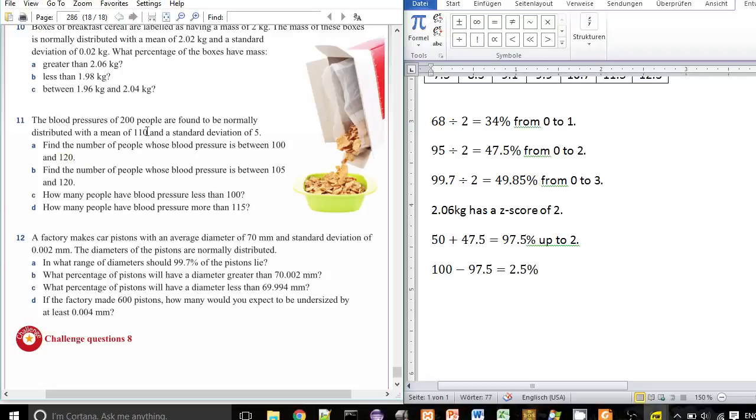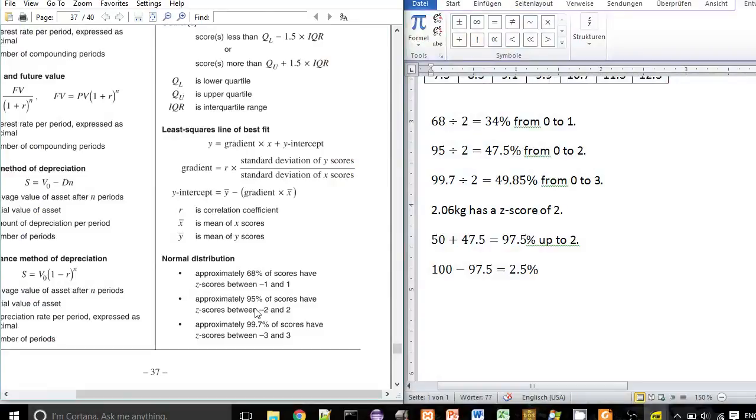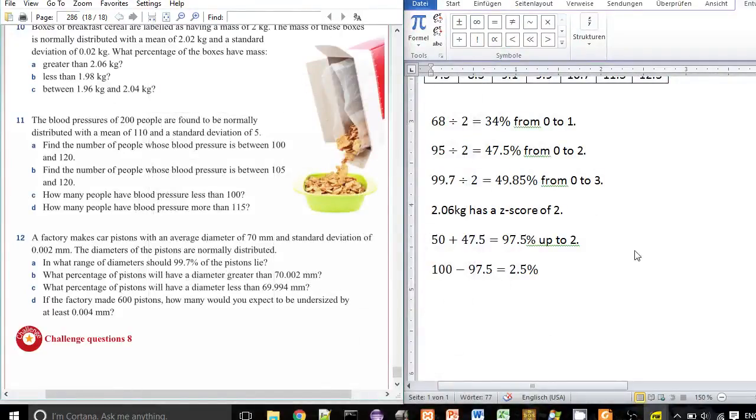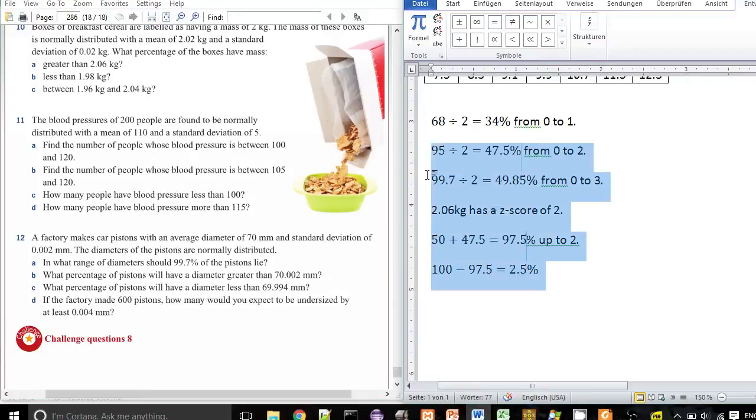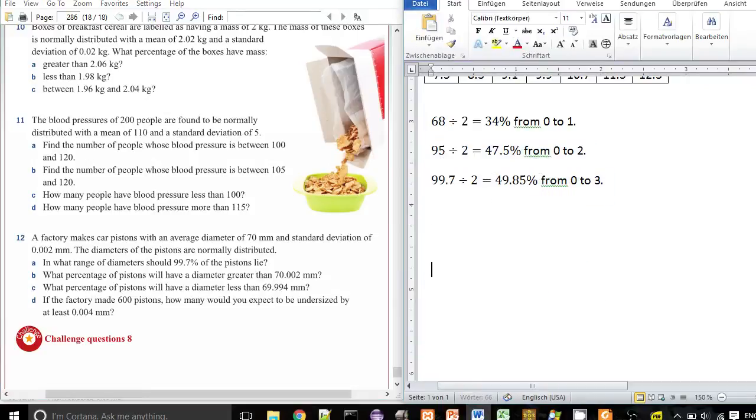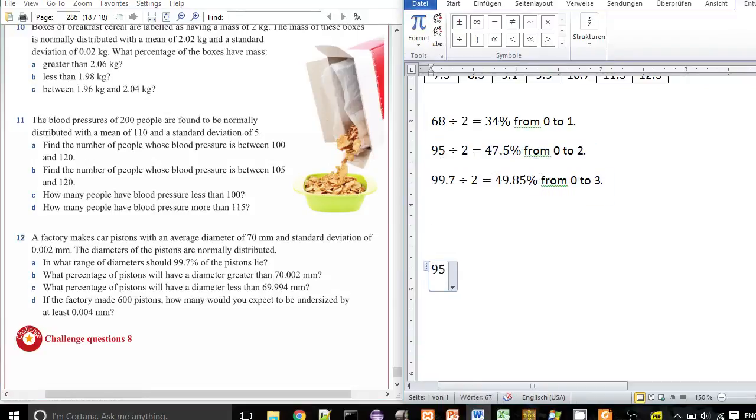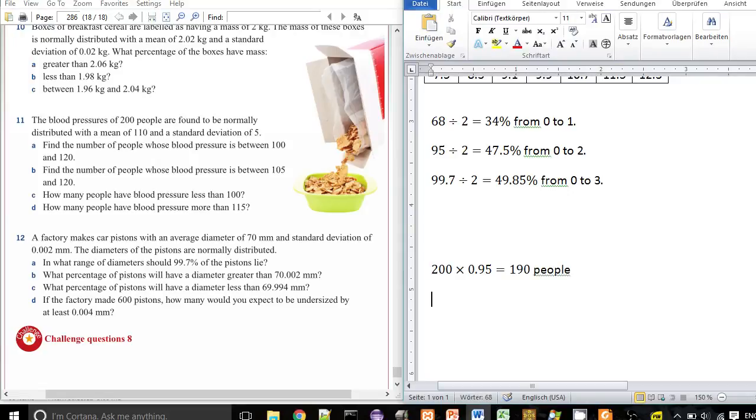So between -2 and 2, I'll just use the formula sheet for this one, 95%. Okay, so if it's 200 people, 95% of, well, let's times it. So let's do 200 times 0.95. It should be 190 people. That's the answer to A.